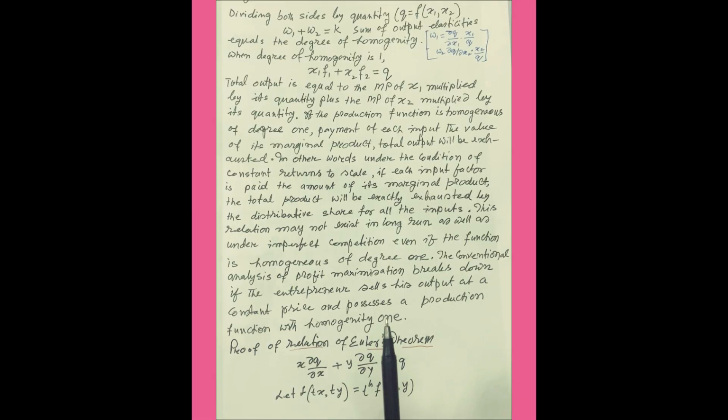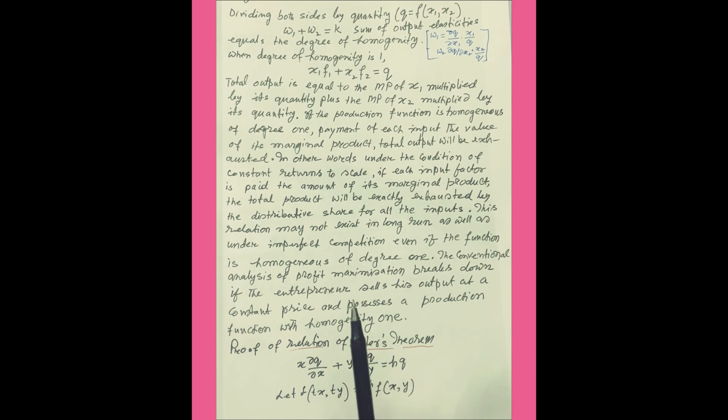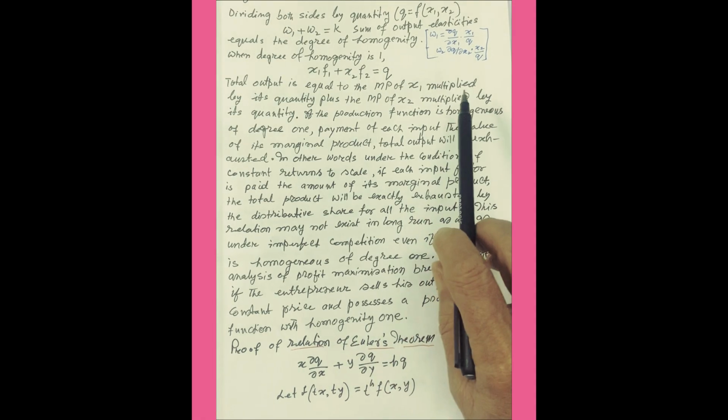Dividing both sides by the quantity, we will get omega 1 plus omega 2 is equal to h. Now what is omega? That is the elasticity. So I have given the elasticity.